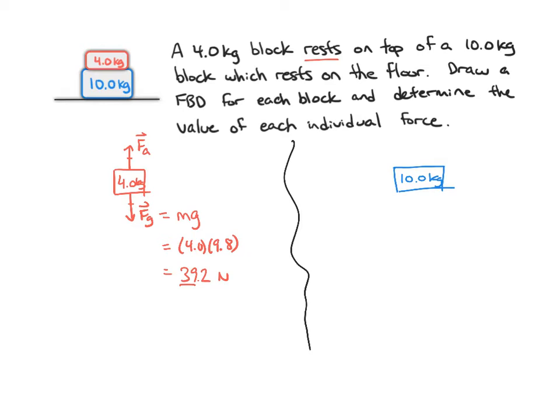All right, and since the forces are balanced, because it's at rest, that means the applied force must be equal to that. So the applied force must also equal 39.2 newtons. All right, so that's the red block.